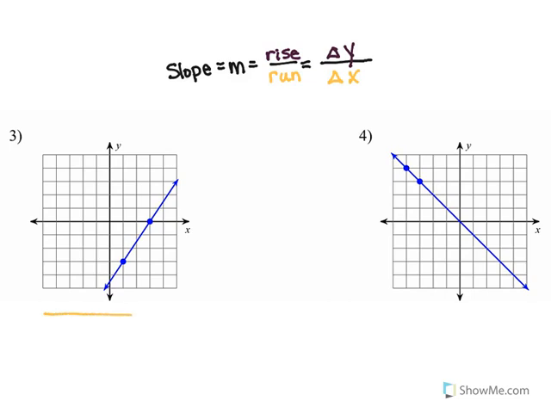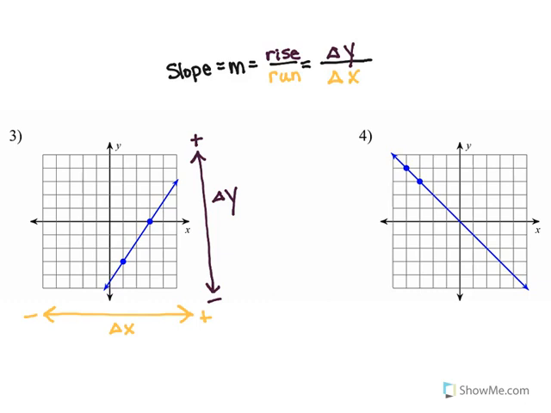Let's draw our lines in again. The change in y goes first. Up is positive, down is negative. Change in x is second. Right is positive, left is negative.